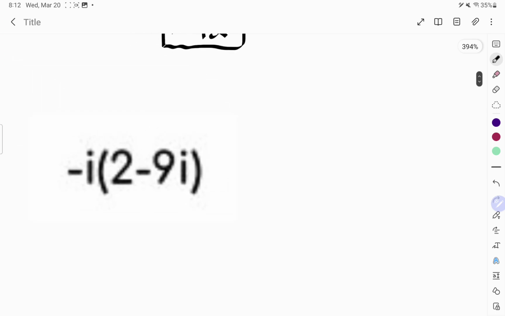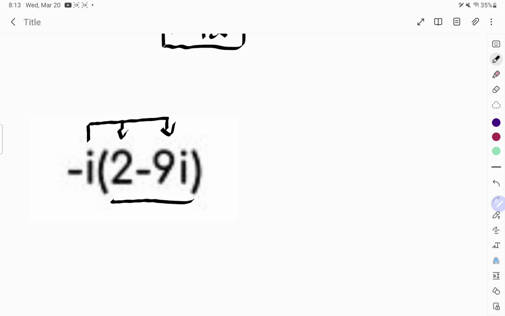Now we have what we call a binomial. This is a binomial. Also, it is a complex number because it has a real number right here and it has an imaginary number right here. So we're actually starting to multiply with complex numbers. So let's do it. What's going to happen is this i on the outside is going to distribute to the 2 and then to the 9.